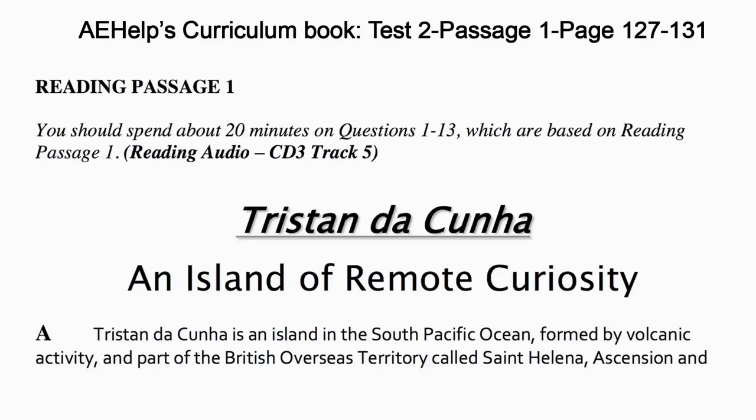All right, so here we are looking at reading passage 1 from test 2 of the curriculum book, and the title is Tristan da Cunha, an Island of Remote Curiosity. So the first step when you get to the reading section of the academic IELTS is look at the title of the passage.